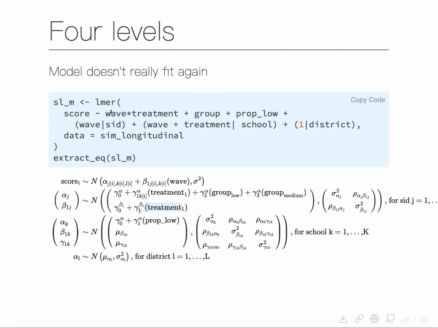But I could still have wave times treatment here, and it would just say wave times treatment, right? Because it's basically an intercept level predictor at that point. So that's the first part. It doesn't have to be randomly varying, and you can still model the interactions.